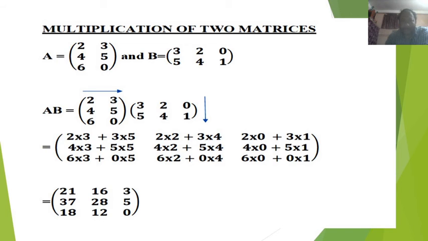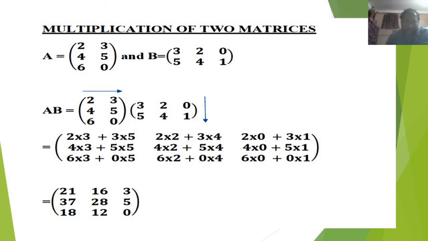Now the multiplication process: AB is equal to [2, 3; 4, 5; 6, 0] times [3, 2, 0; 5, 4, 1]. Now the multiplication is 2 into 3 plus 3 into 5. Next is 2 into 2 plus 3 into 4. Next is 2 into 0 plus 3 into 1.